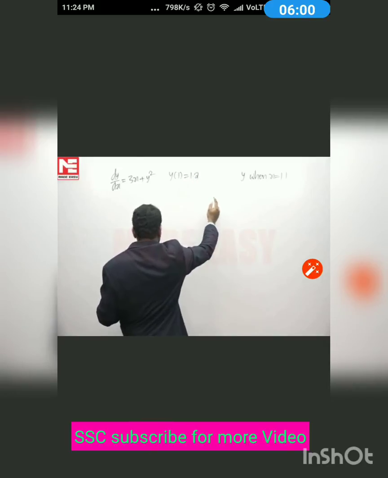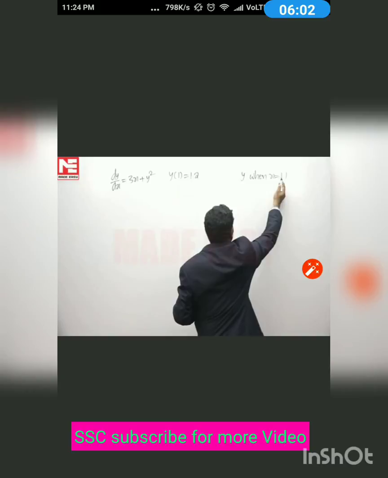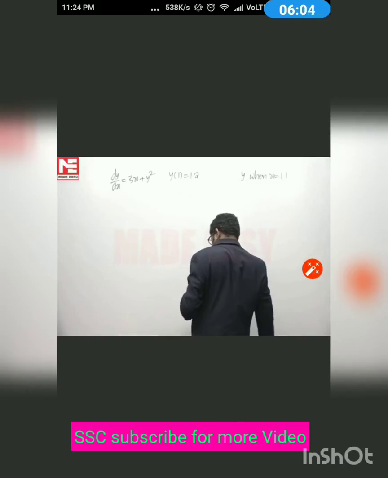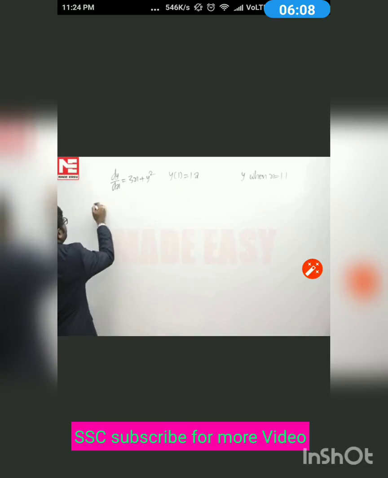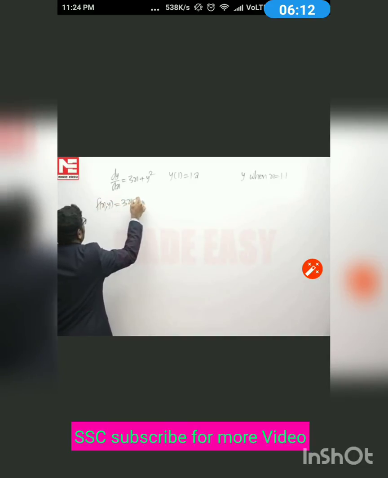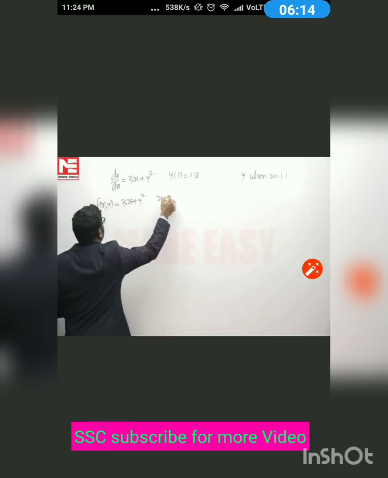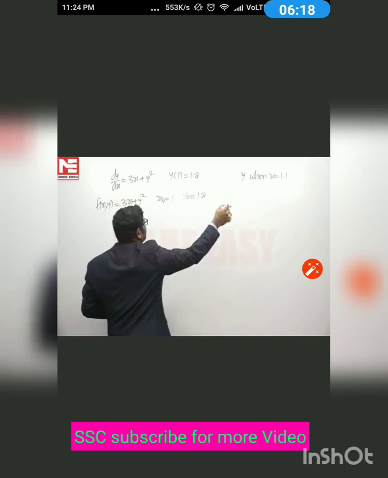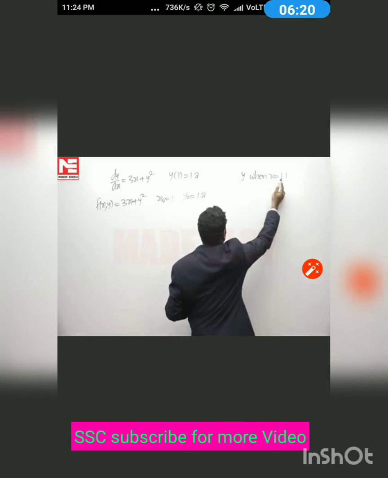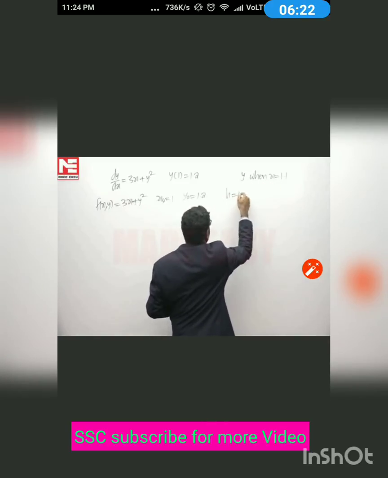We have to find the value at x equal to 1.1. The step size is 0.1. The function of x, y is 3x plus y square. Initially x naught is 1, y naught is 1.2.